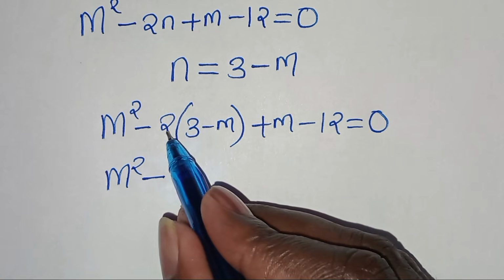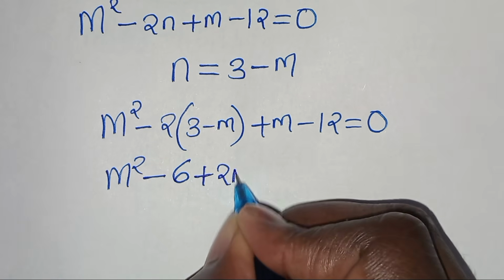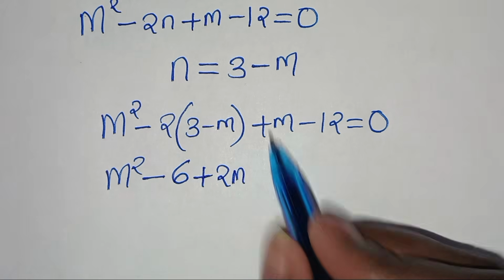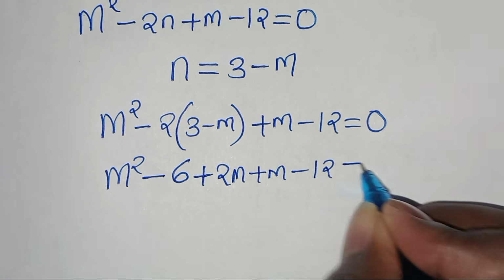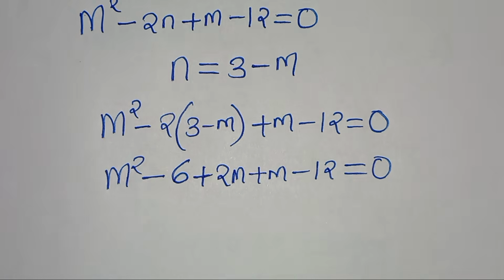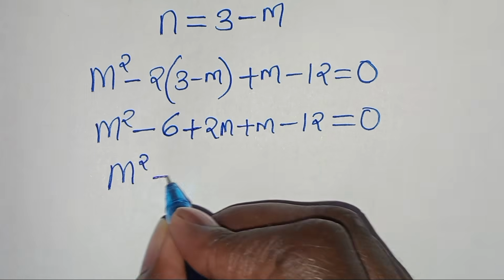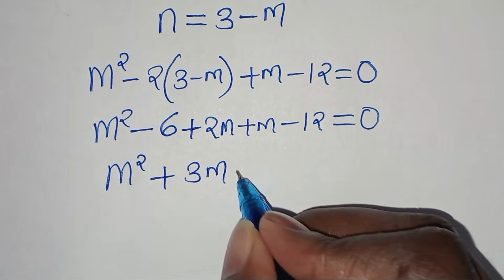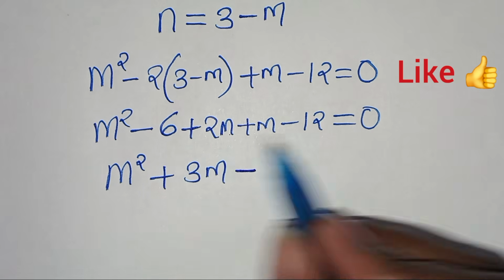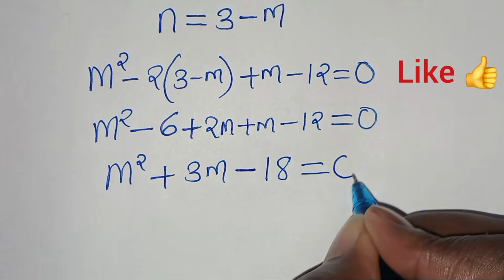Then we have minus 2 times minus m, so this is plus 2m. Then we have plus m minus 12. This is equal to 0. Now this means this is m squared plus 2m plus m, this is 3m. Then subtract 6 minus 12, this is minus 18. This is equal to 0.